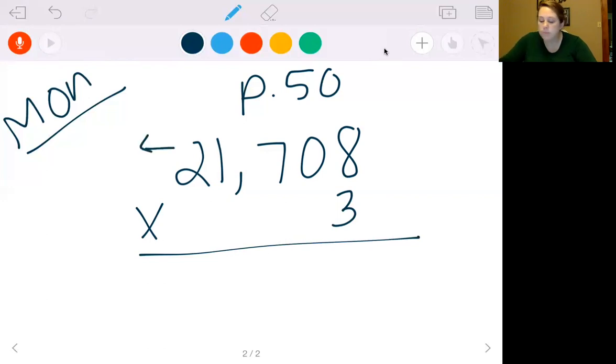You do need to know 3 things here. This is called the multiplicand. Then we have the multiplier, that's this.